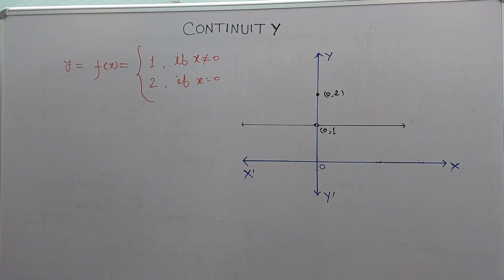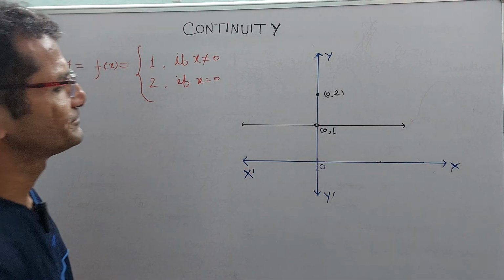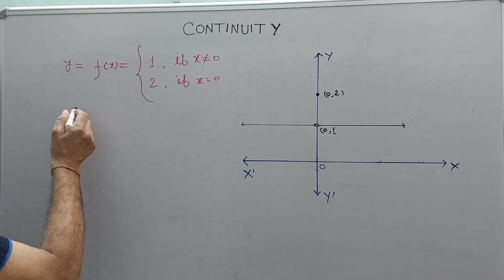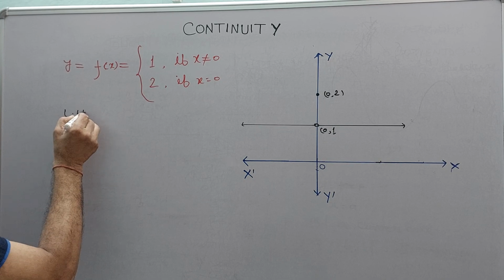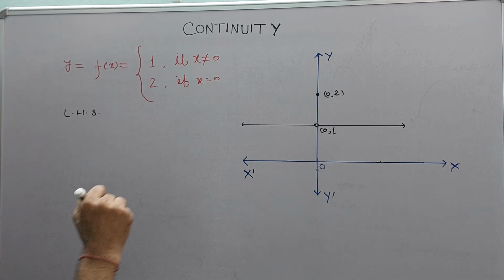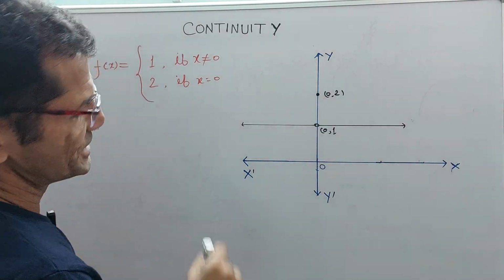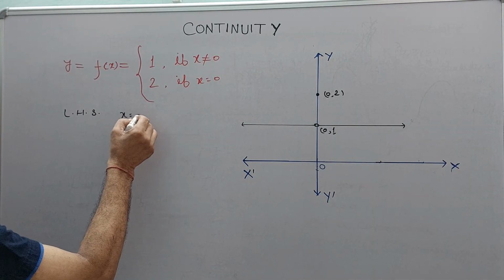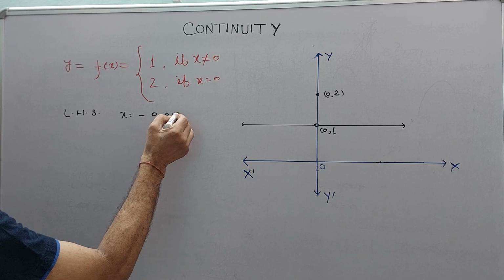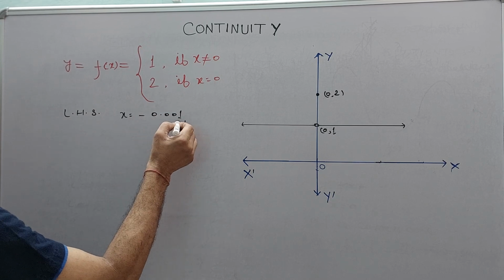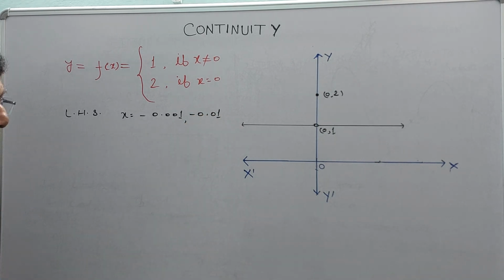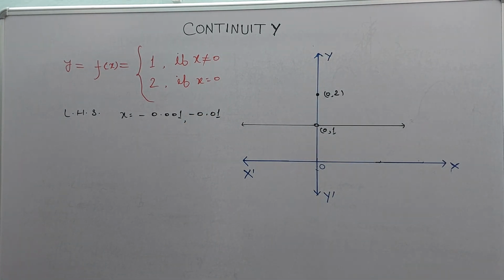And another way: if I check by coming to the point 0 from the left-hand side, taking values very near to x equal to 0, like minus 0.001, also minus 0.01, these values are nearby 0.